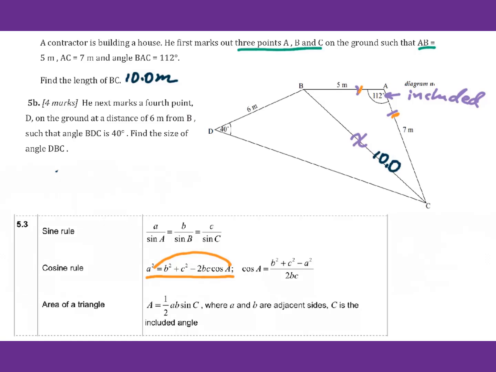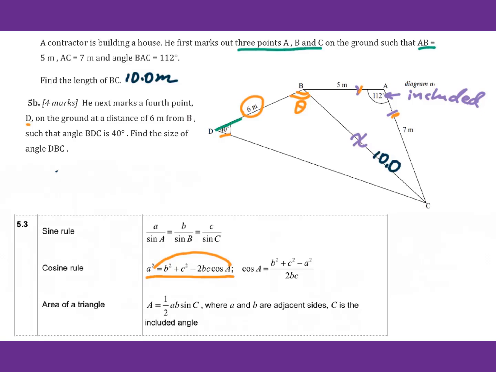He next marks a 4th point D on the ground at a distance of 6 meters from B, such that the angle BDC is 40 degrees. Find the size of angle DBC. We label it as theta.